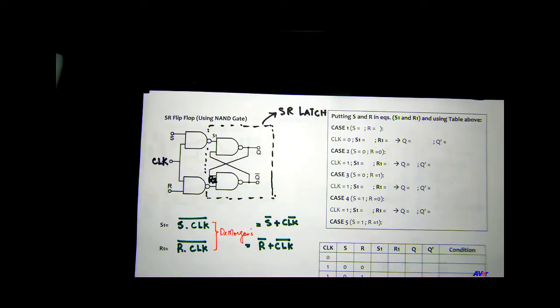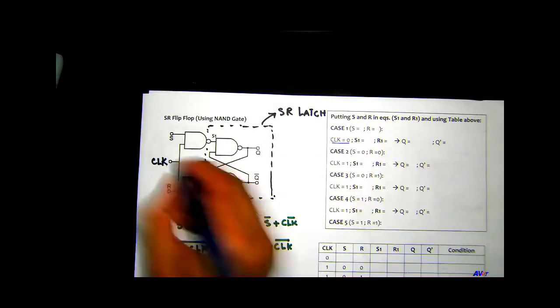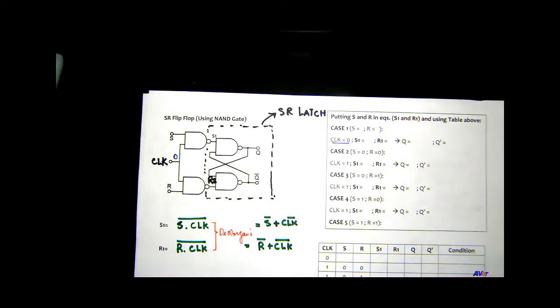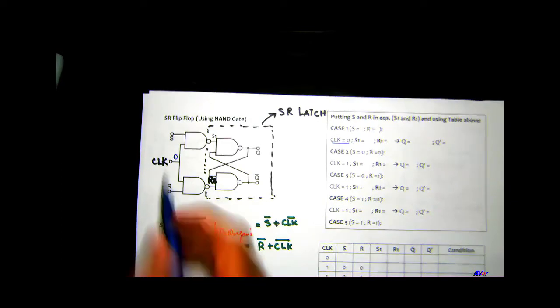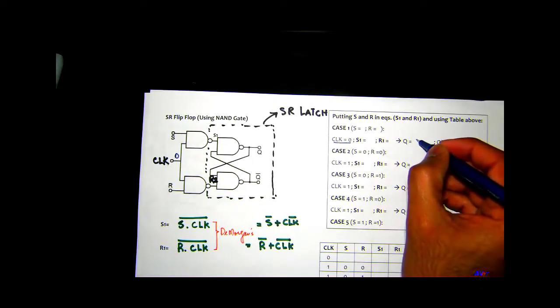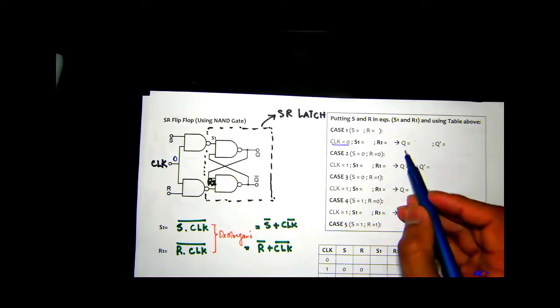So in case 1, when clock is 0, this is something you're going to have to remember for any kind of flip-flop, whether it's SR, T flip-flop, JK flip-flop, or D flip-flop: whenever clock is 0, the output is going to retain its previous state. So if the previous state was 0, it's going to retain 0, and Q bar has to be 1, because it has to be a complement of Q.